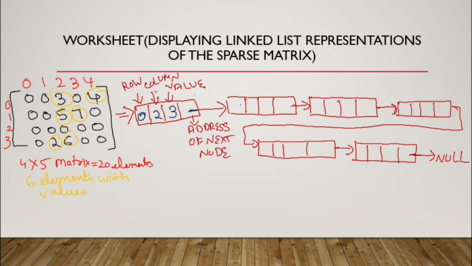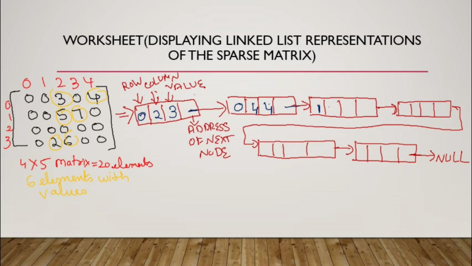Next one is the 0th row, 4th column. You have to number according to the index only. You have the value 4, and this is also once again the address of the next node. Then first row. We are going in order. You have to see the matrix and fill both the array and the linked list representation.